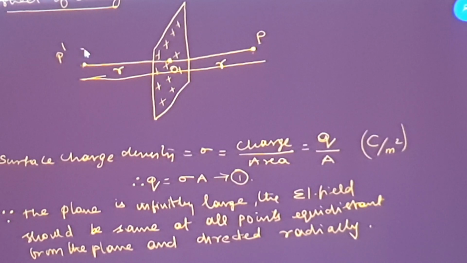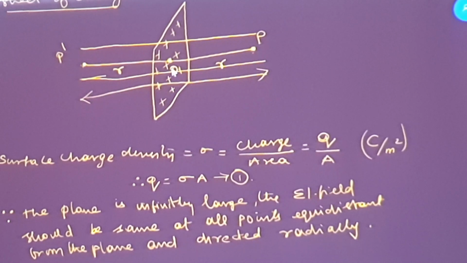The Gaussian surface I have considered is in the form of a cylinder, with its length extending from this end to this end. From the center point O to P is r and O to P dash is r, so the total length is 2r, and the ends are circular.